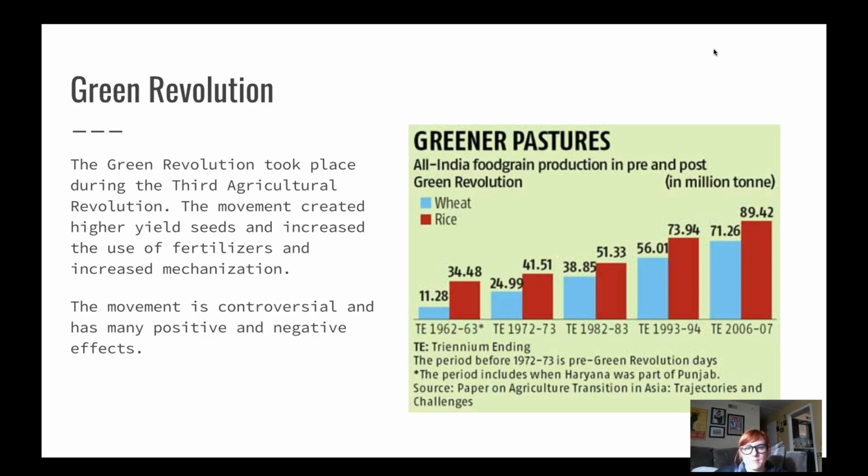Intensive agricultural practices. And then the third agricultural revolution is when we really started to emphasize commercial farming, and we started using things like fertilizers and pesticides and started creating high yield seeds, okay, which are basically GMOs, which we're going to talk about a little bit later, okay?